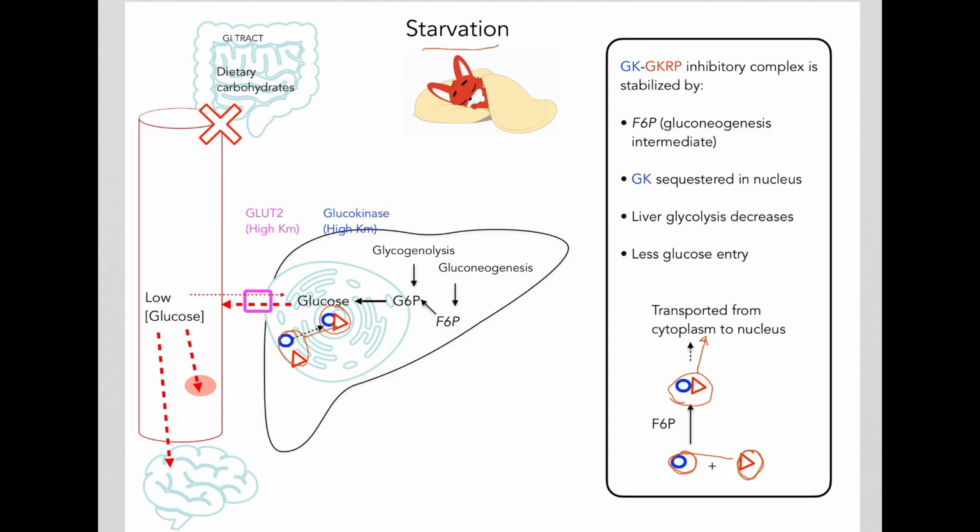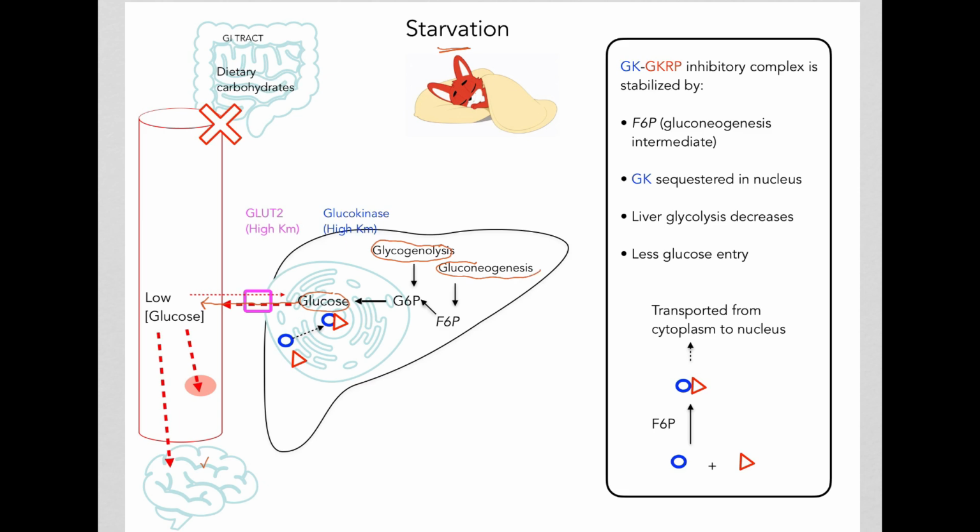So basically, the glucokinase is sequestered in the nucleus during starvation, and therefore, since we don't have glucokinase in the cytoplasm, glycolysis would start slowing down during starvation periods. So remember, during starvation periods, the liver is actively breaking down glycogen to give you glucose, so that this glucose can be exported out into the bloodstream for use by the brain and the red blood cells.